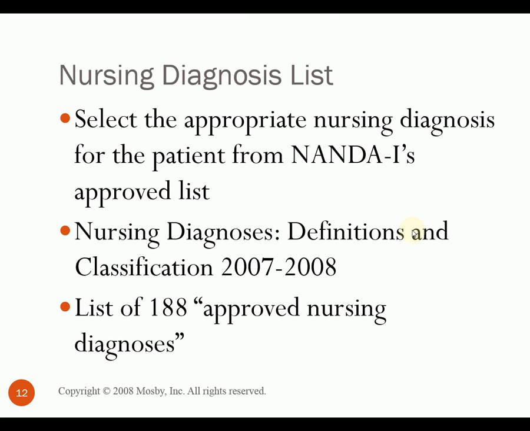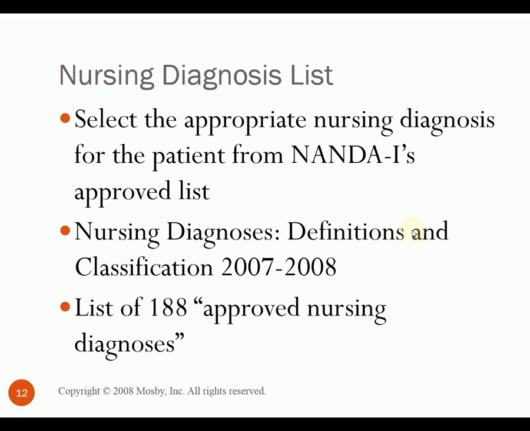So we do have a nursing diagnostic list. We have your nursing diagnosis book that has NANDA's approved list, but we are not going to go totally by these approved nursing diagnoses. We are going a little away from this in that we can select what we think is our actual problem, and if it's not in NANDA and it stands on its own and is appropriate for your patient, then we can allow it to be a little bit away from NANDA.